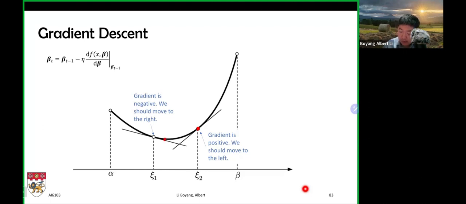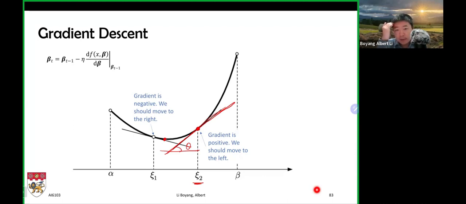At this point, epsilon 2, for this 1D case, the gradient is really the slope of the tangent line to the function curve. So this is the tangent line. And we can see that because this angle is below 90 degrees, the gradient is positive.